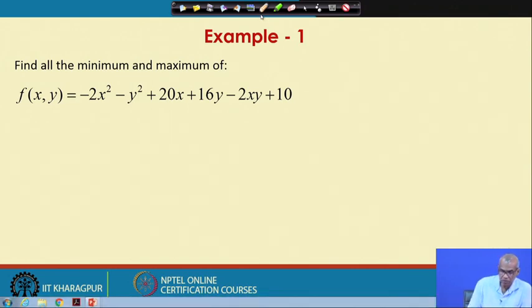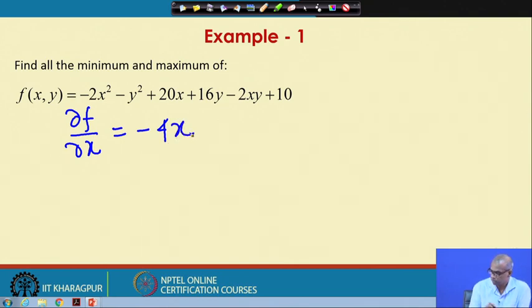So, we start with evaluating del f del x. Del f del x will be minus 4 x plus 20 and minus 2 y.